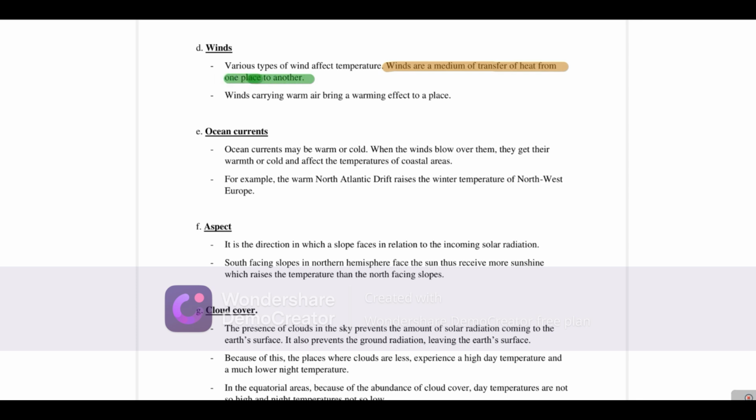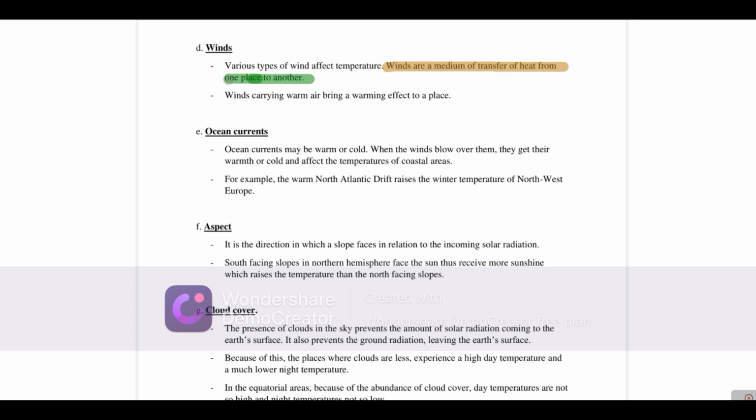So that is what winds do. Winds that are carrying warm air bring a warming effect to a certain place. On the contrary, winds that are carrying cold air bring a cooling effect to that particular place.